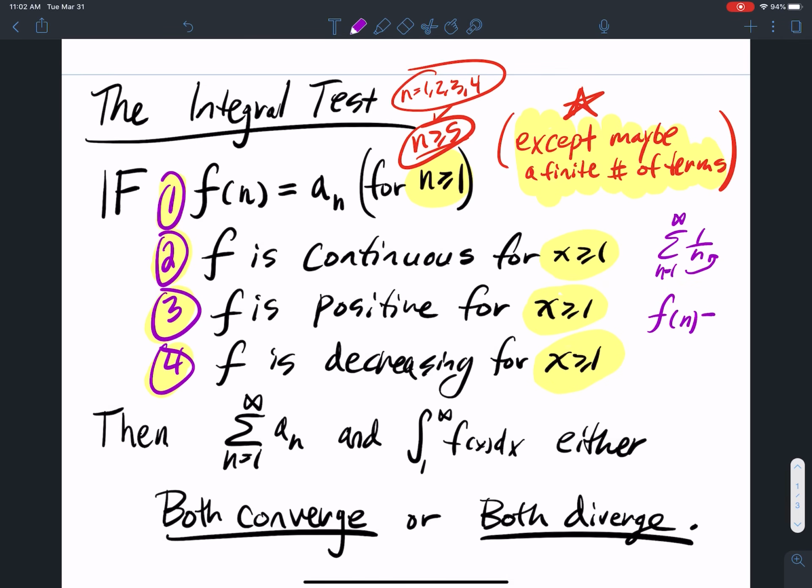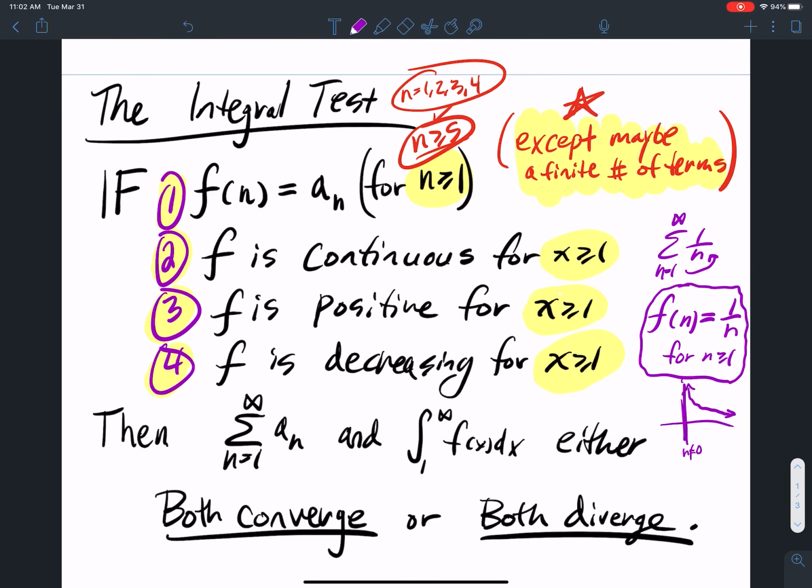Well, this is pretty easy. f(n) is 1 over n, for n greater than or equal to 1. All right, that's true for all those n's. And I know that 1 over n is continuous. The only place it's not continuous is at n equal to 0, because you can't divide by 0.